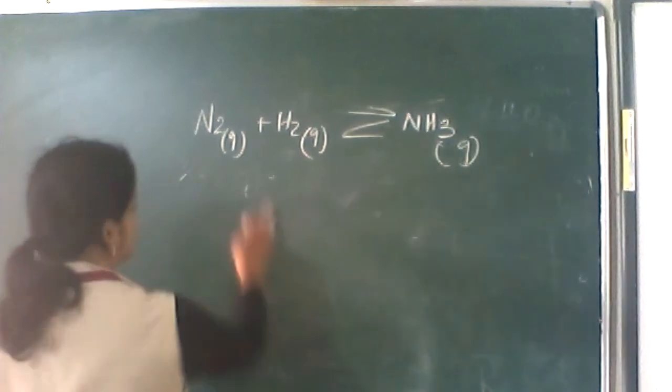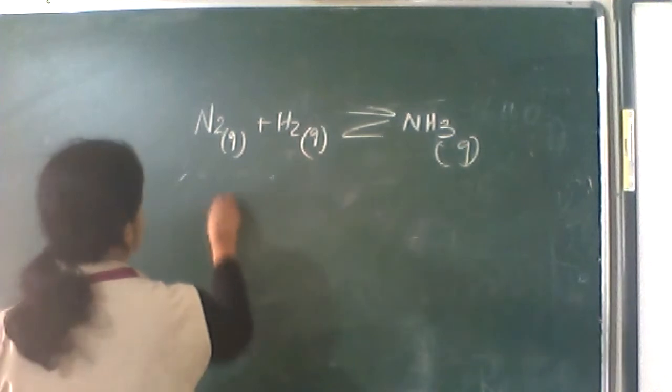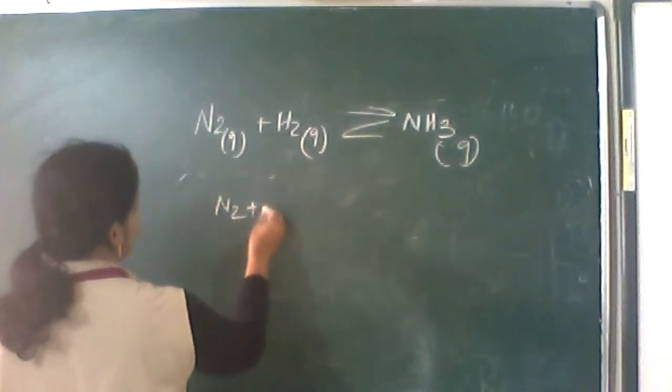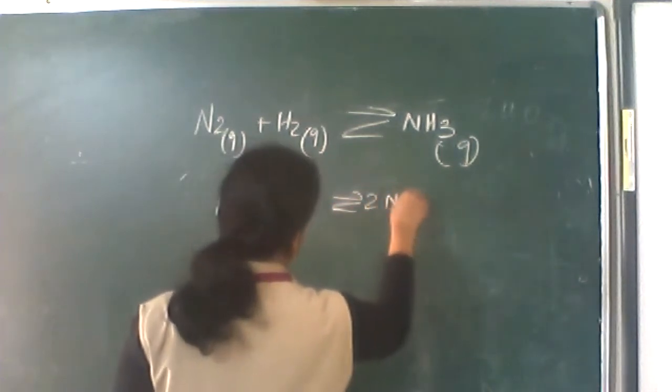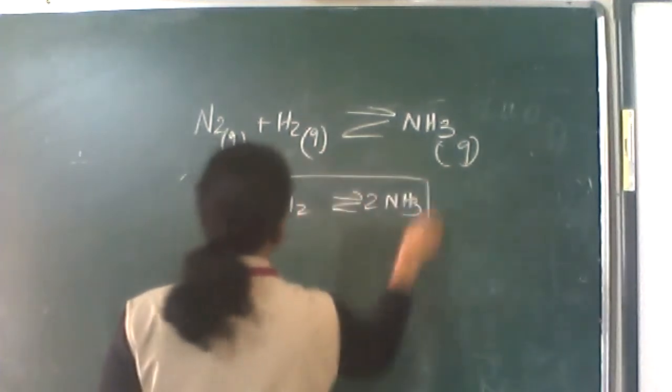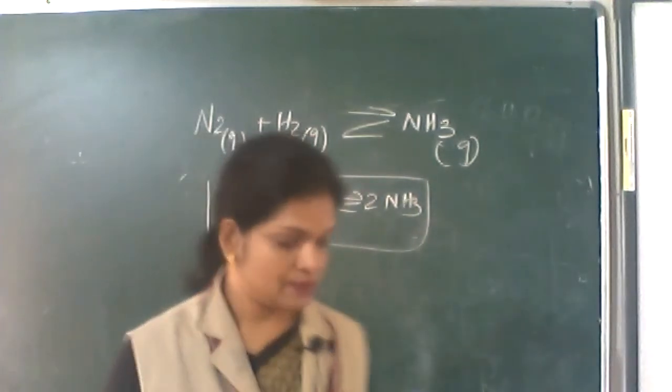After balancing, the stoichiometric coefficients are a must: N2 plus 3H2 gives 2NH3. Now at equilibrium, they have given the concentrations of various species.